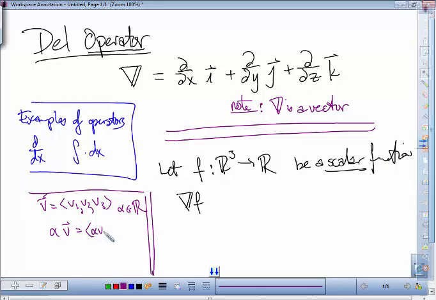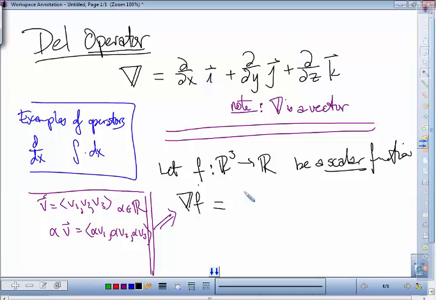So alpha v1, alpha v2, alpha v3. I want you to think about the gradient as doing the same thing. We have a del operator that's a vector, and we have a scalar function f. So just think about this, by definition, as taking your scalar function f and distributing it to each one of these components of the vector.